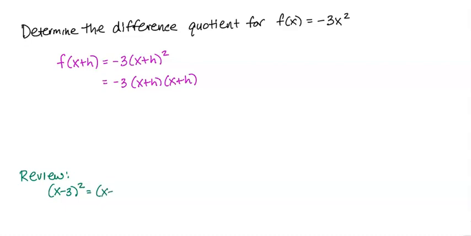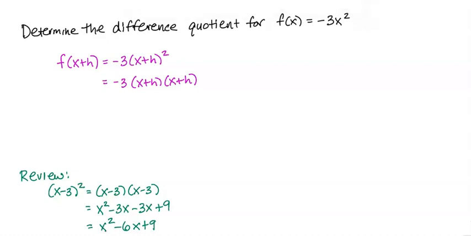So think of this as x minus 3 times x minus 3, and then we would FOIL from there. So x times x would be x squared. We'd have minus 3x, and a plus 9, which gives us x squared minus 6x plus 9. So notice that's not the same as just squaring the x and squaring the 3. We need to actually square the entire binomial.